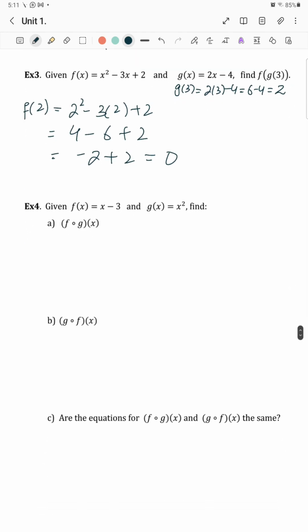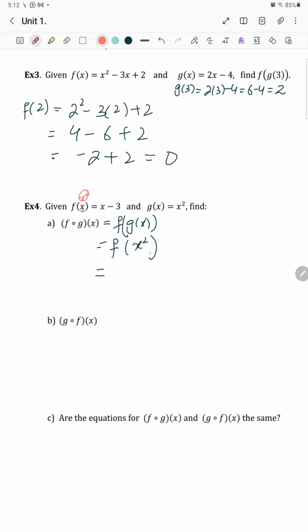f of x and g of x is x square. So f o g x means f g of x. So f g of x means we need to plug the value of g of x. Here g of x is x square. Now it's f of x square. So we need to treat this x as x square.